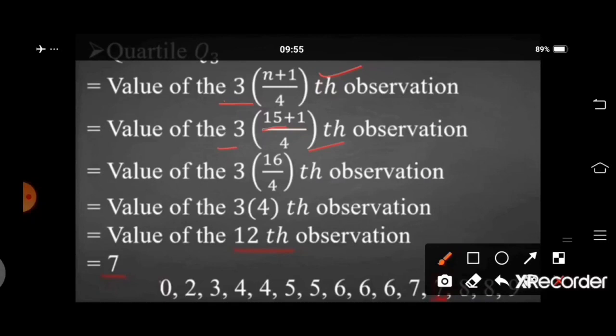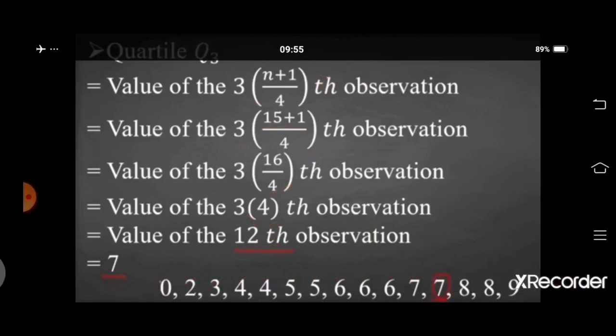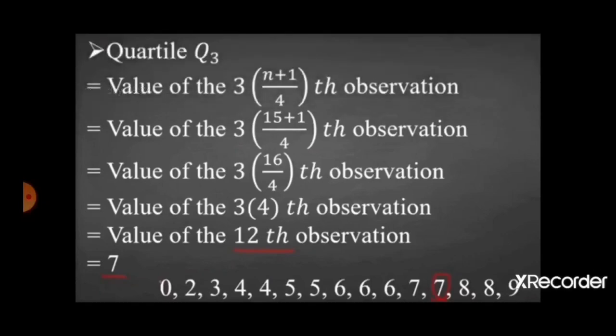We will divide 16 by 4 and get 4 into 3, so we will get the 12th observation. The 12th observation means 1, 2, 3, 4, 5, 6, 7, 8, 9, 10, 11, then 12. So the 12th observation is 7. So quartile 3 equal to 7.